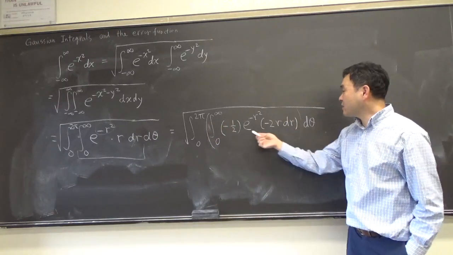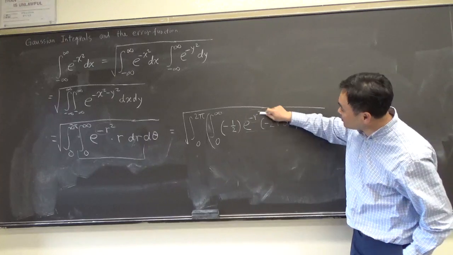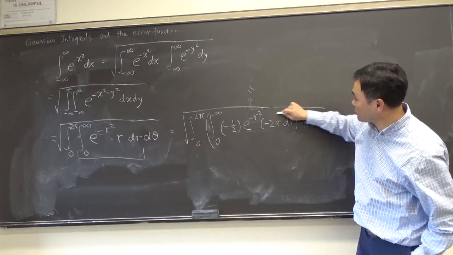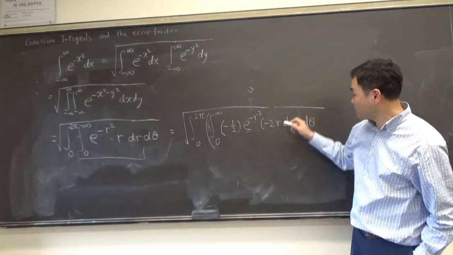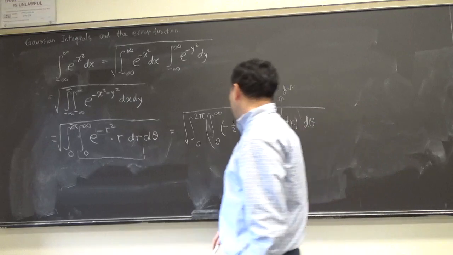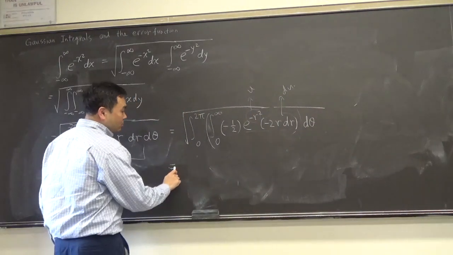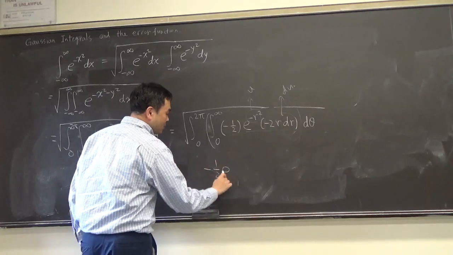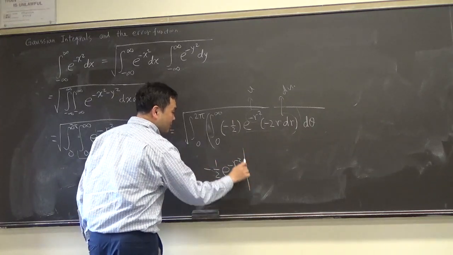I like this because if I set this as u, then du would be this much, right? If you differentiate negative r squared, this is du. So the integral of this thing inside will simply be negative 1/2 e to the negative r squared.